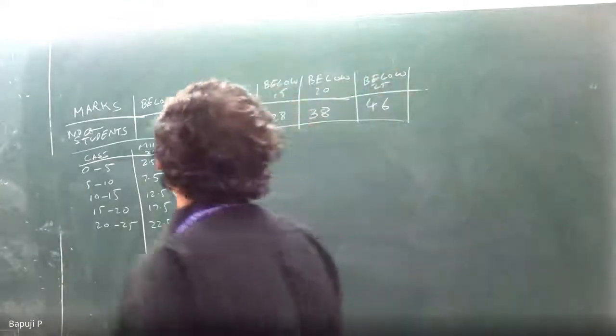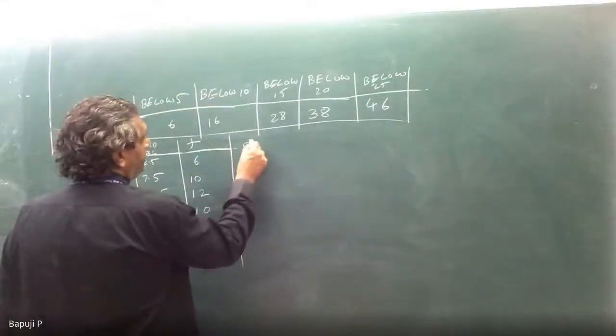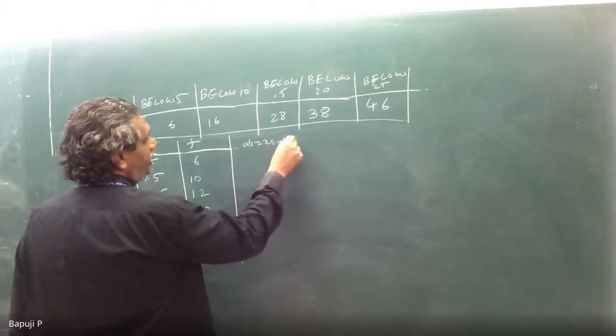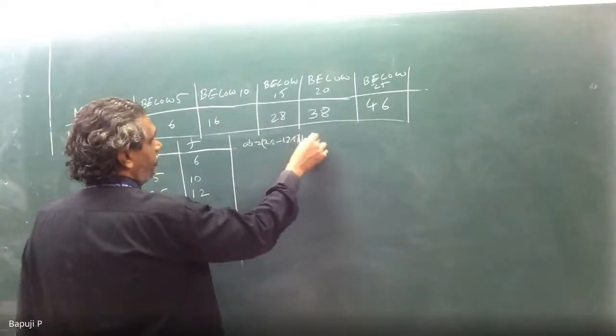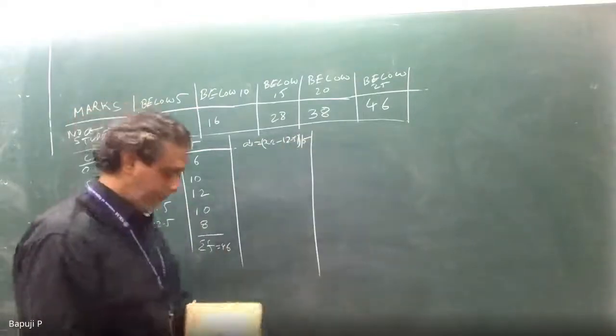So D I am taking as xi minus 12.5 by 5. Find out the D value.